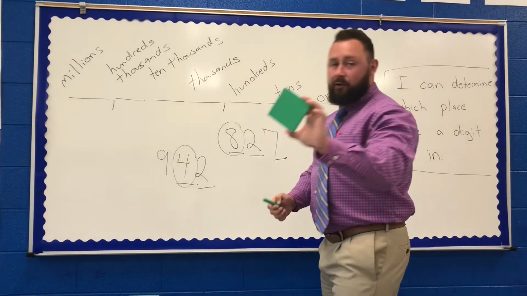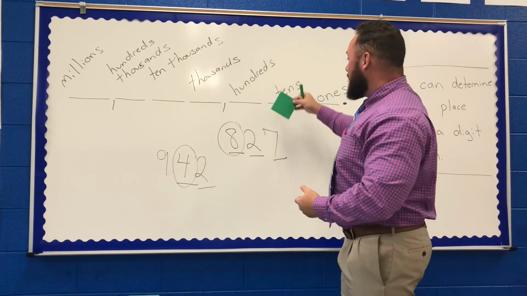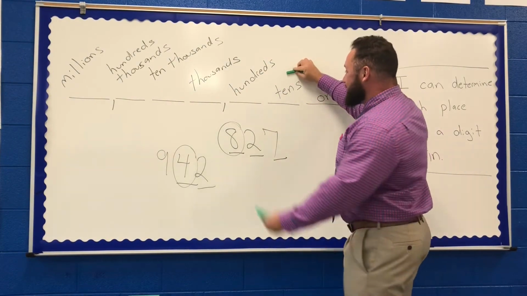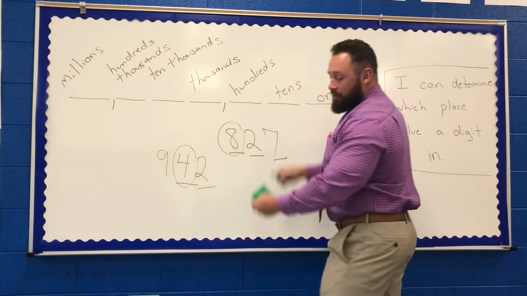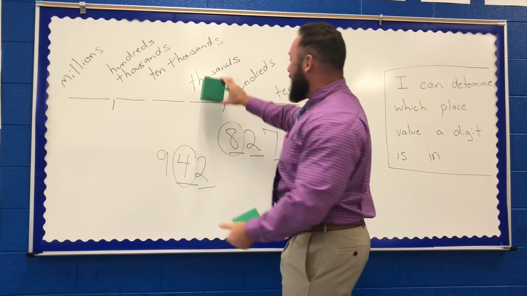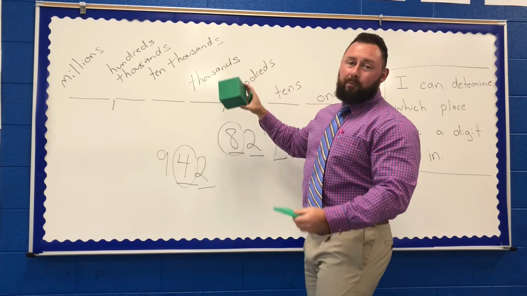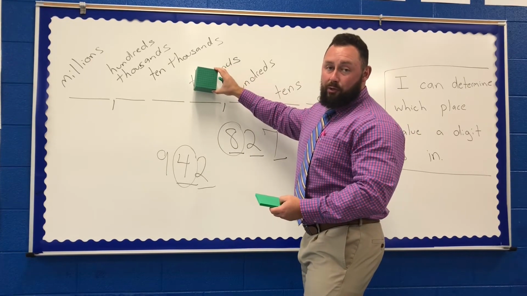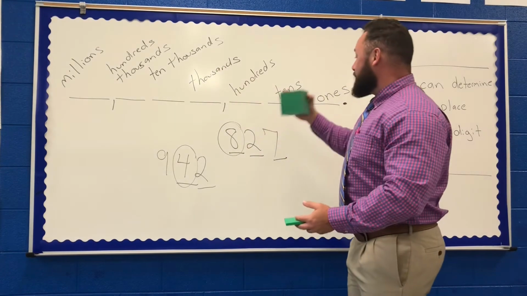Then you have the hundreds. It's called like a plate, the hundreds plate. So ones, tens, hundreds, and then thousands. And you're not going to see any more pictures past this. So this would be a thousands block or cube, and then you'll have the hundreds, the tens, the ones.